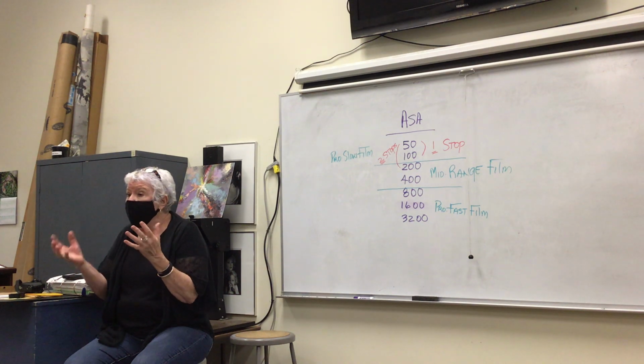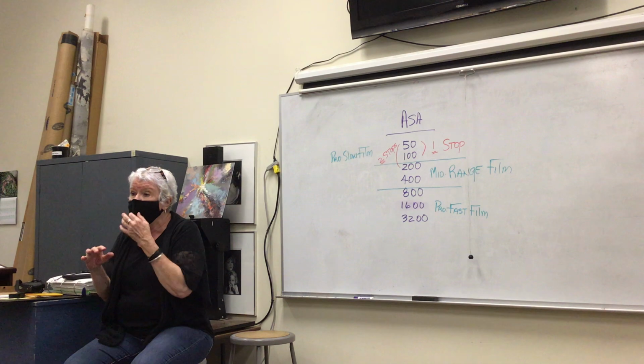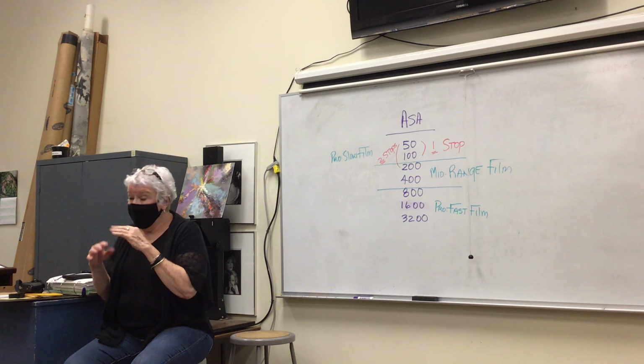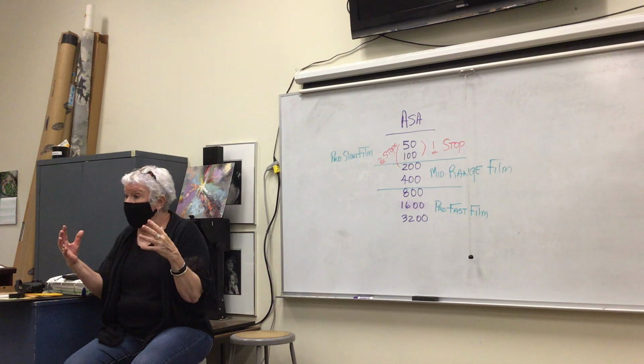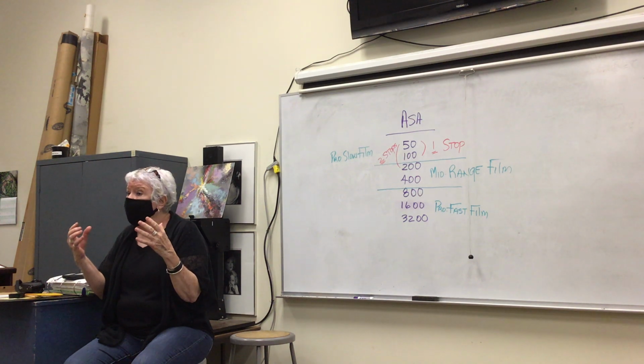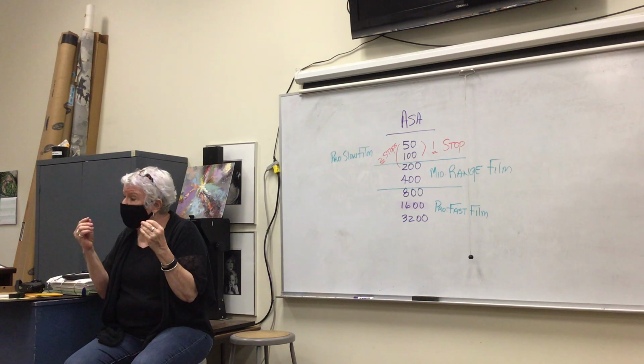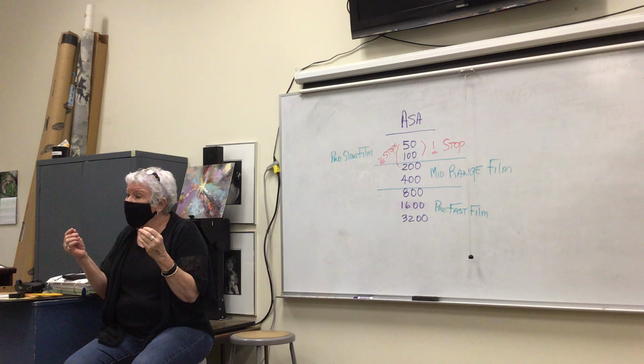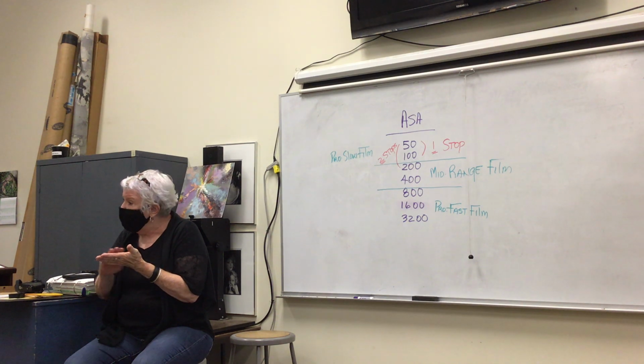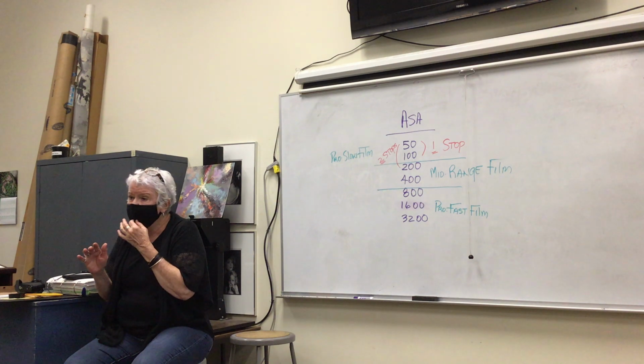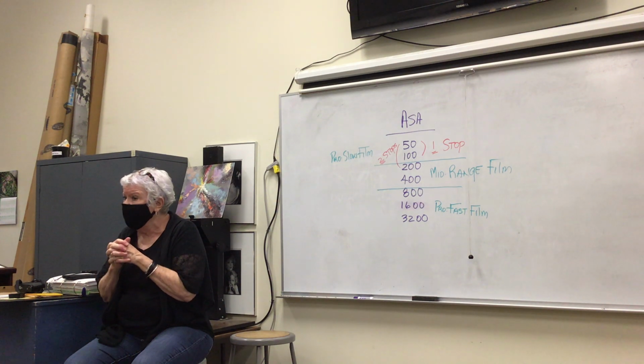If you slow that process time in the developer down, you get a fuller range of value. And consequently, the negative loses contrast and gets a little muddier looking. It's a flatter negative. Because you want a little contrast in the negative, but not a lot.